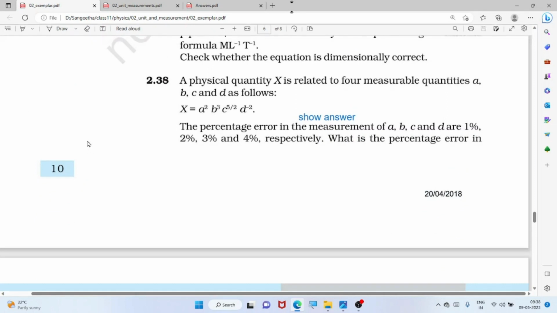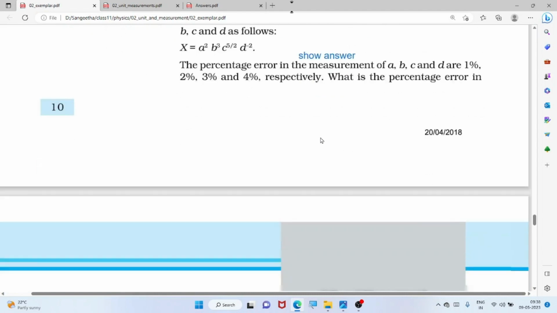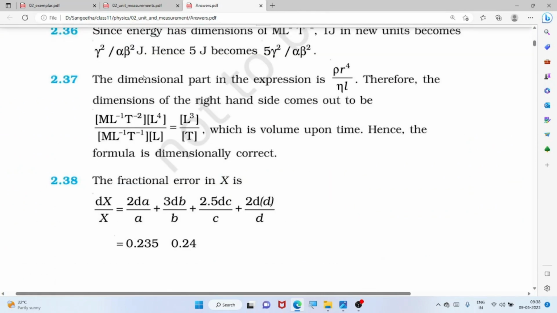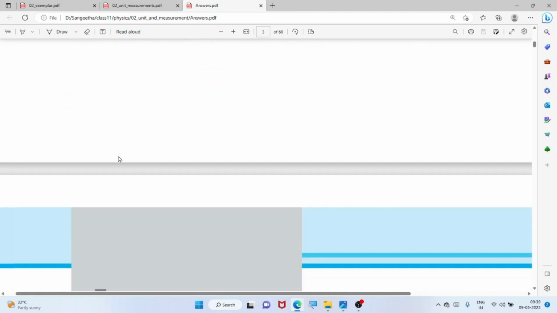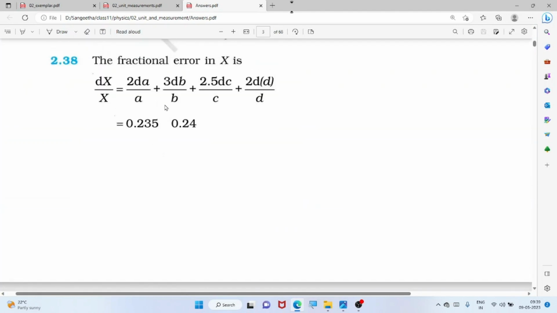The physical quantity x is related to 4 measurable quantities. Okay, they are given. The percentage error of the measure and the percentage error. 38. So refer to the book and see whether this formula is applied correctly here.